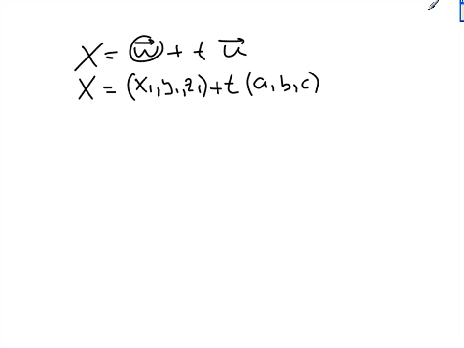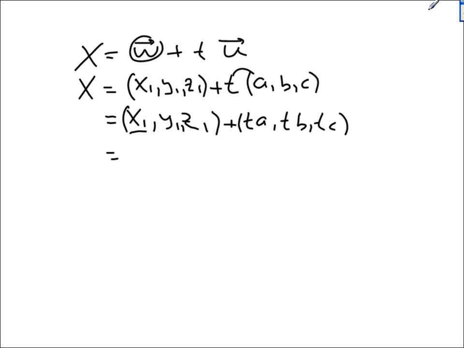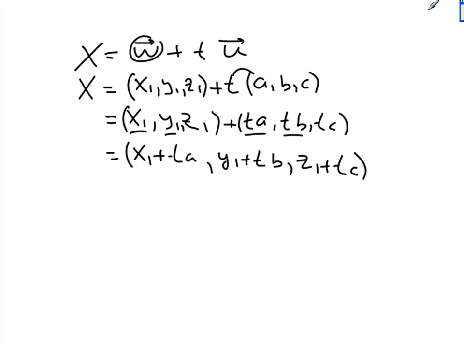So basically, we have x1, y1, z1 plus t is like a scalar, so we have ta, tb, tc, and adding, we have x1 plus ta, and we have y1 plus tb, and lastly, z1 plus tc.